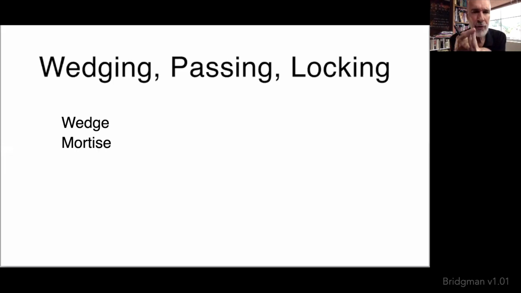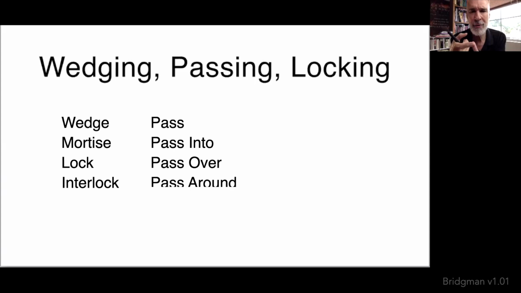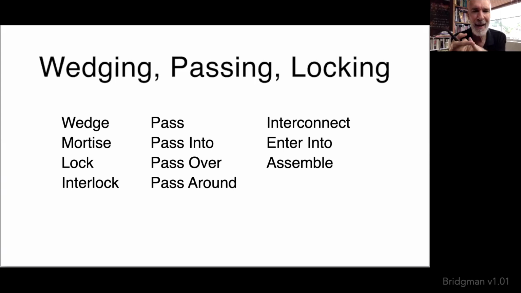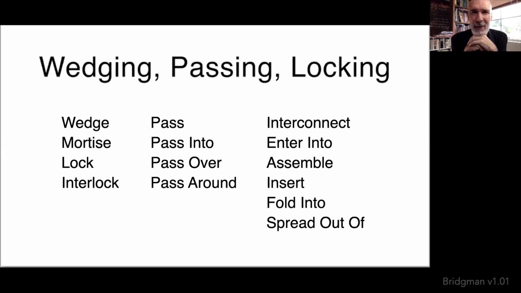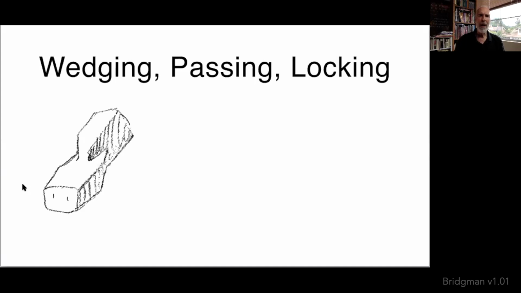Wedge, mortise, lock, interlock, pass, pass into, pass over, pass around, interconnect, enter into, assemble, insert, fold into, and spread out of. There you have it, the entire Bridgman canon of words. I'm going to do the best I can in the next 15 minutes, maybe 20, to explain. Wedging. What does wedging mean?